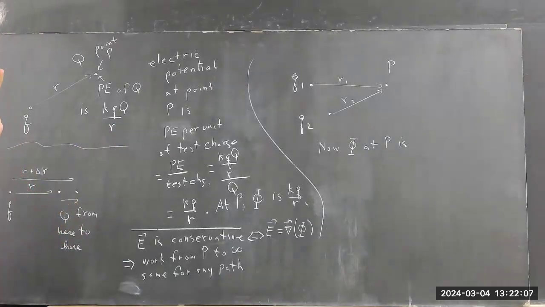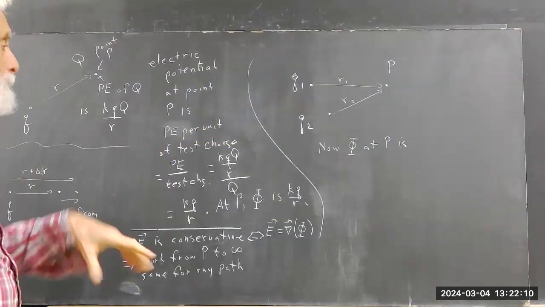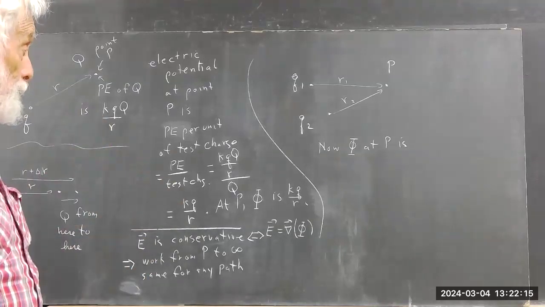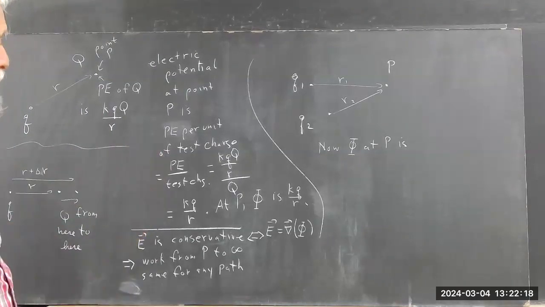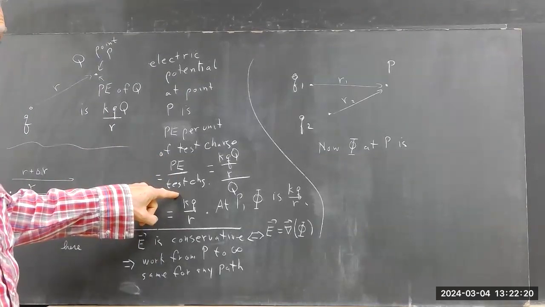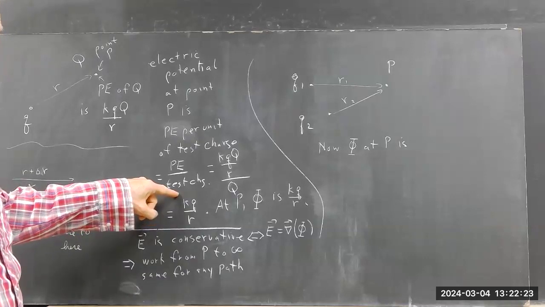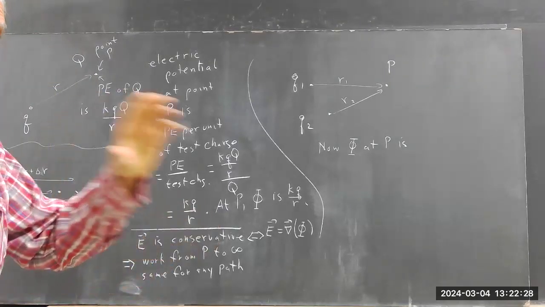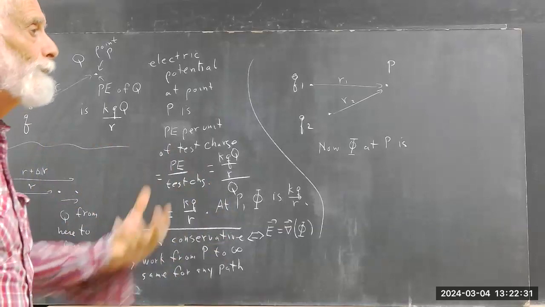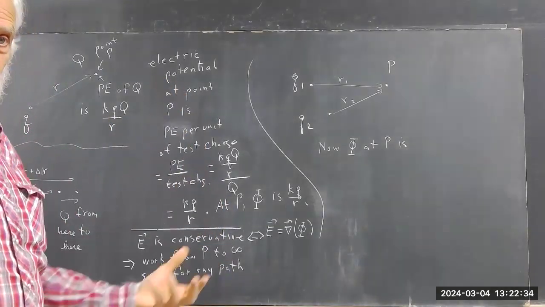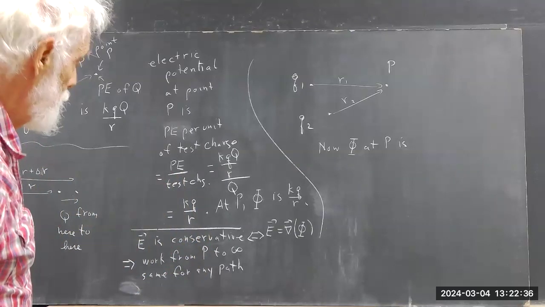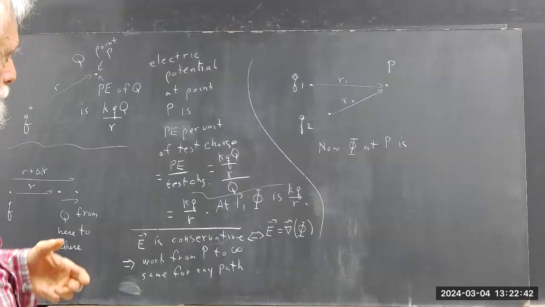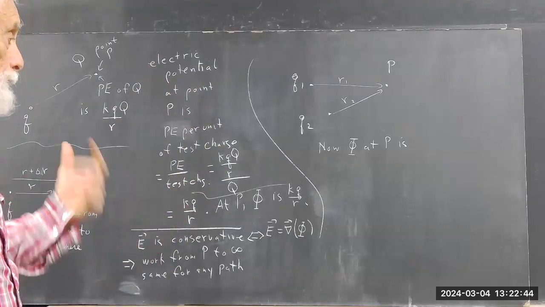And the potential energy per unit of test charge: we divide the potential energy by the test charge, which has always been big Q. So we divide this out and get kQ over r.